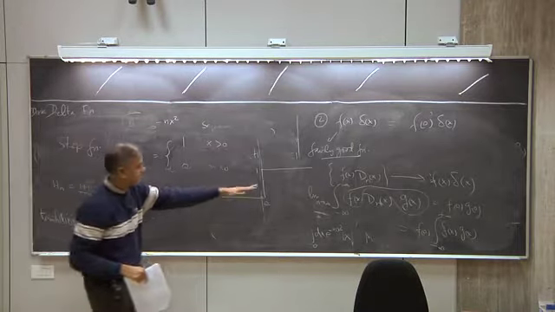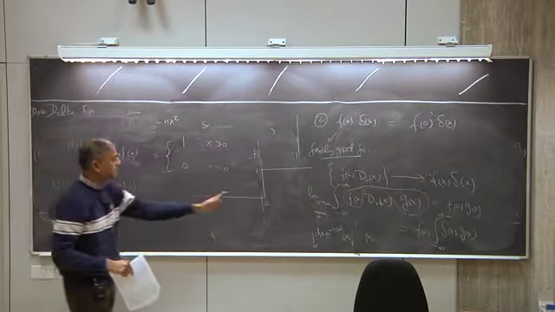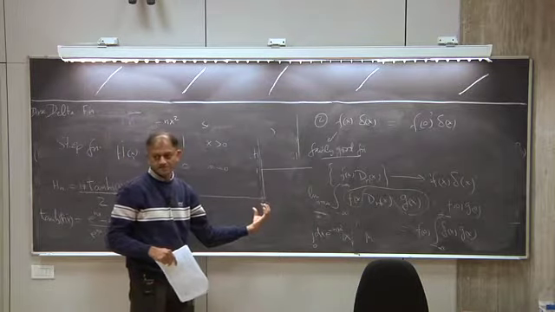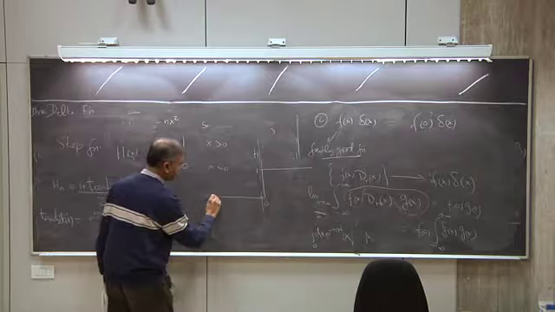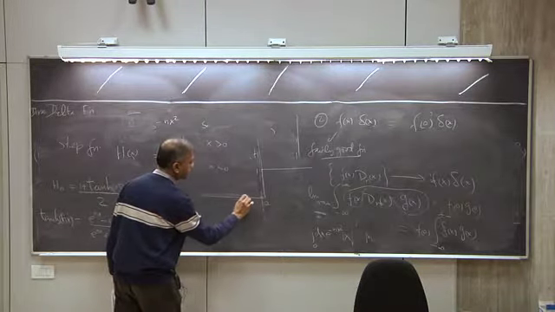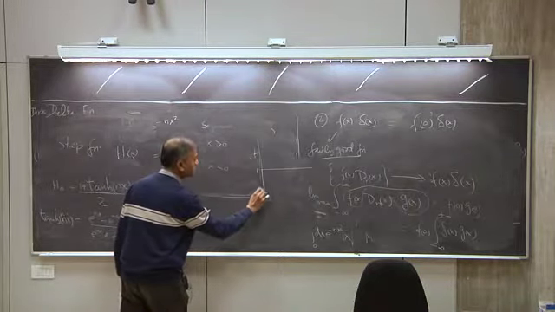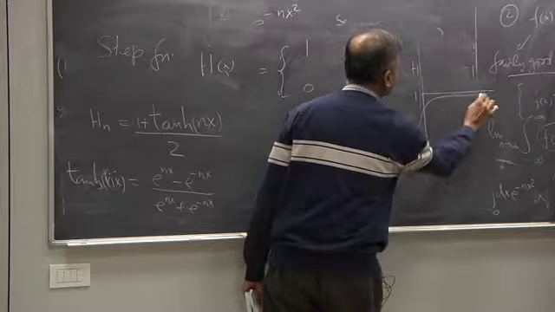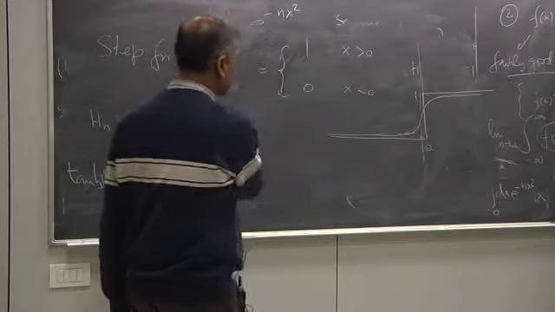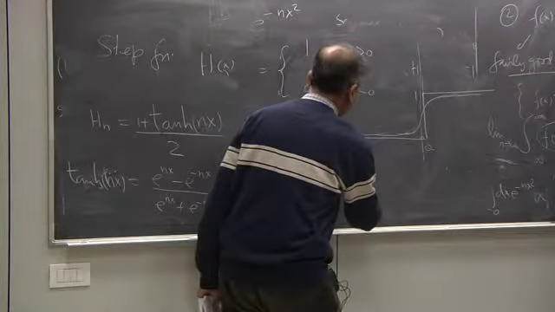So in the n goes to infinity limit, this will become closer and closer to the step function. In fact, if you try to draw it properly, for any n, this will go like that. It's a smooth function, completely differentiable any number of times. But as you take n larger and larger, this starts becoming sharper and sharper.